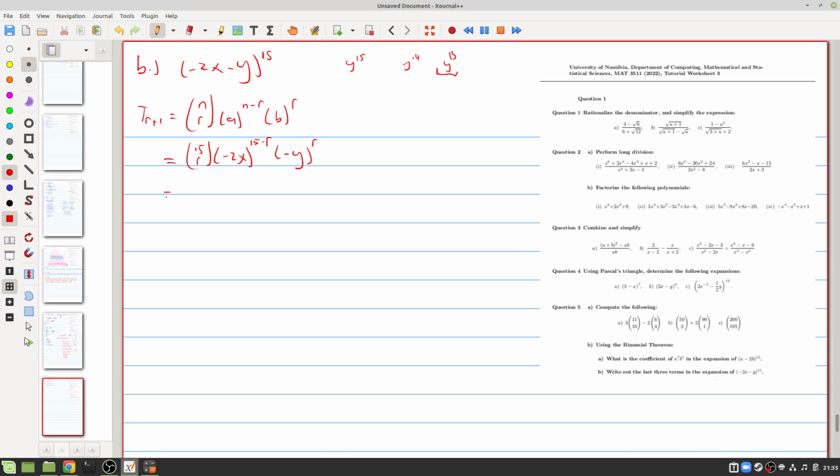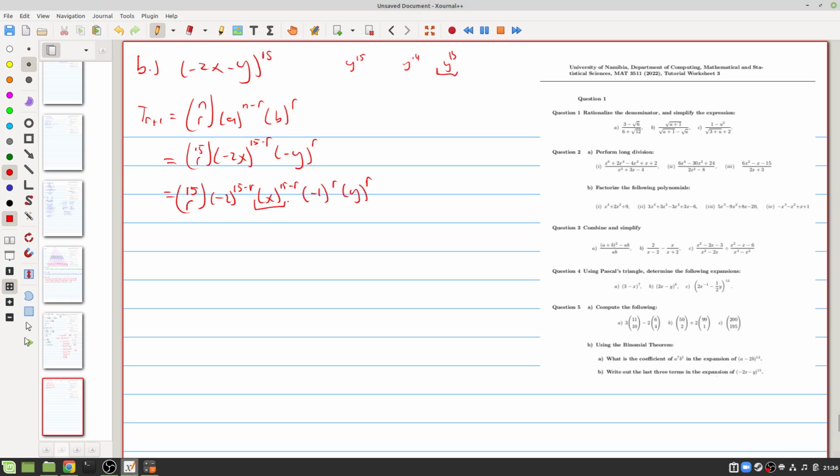Okay, again, let's split up our values so we have only our variables, because we're interested in getting this y to the power 13 thing. So let's do negative 2 to the power 15 minus r. Then we've got x to the power 15 minus r. Then we've got negative 1 to the power r, and then we've got y to the power r.